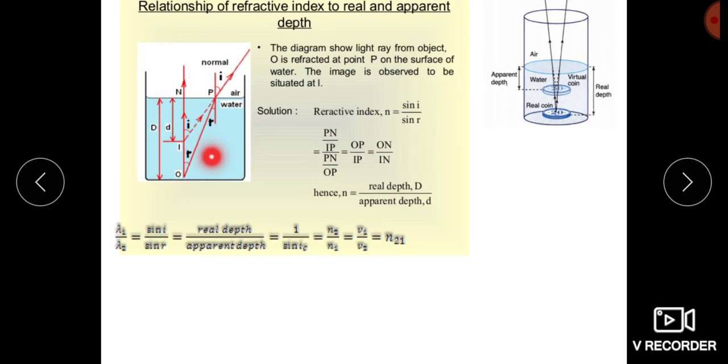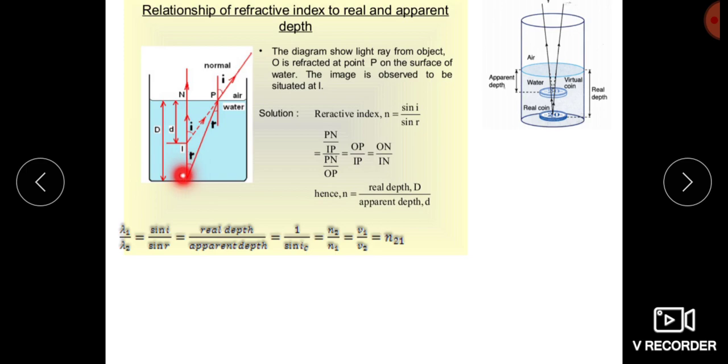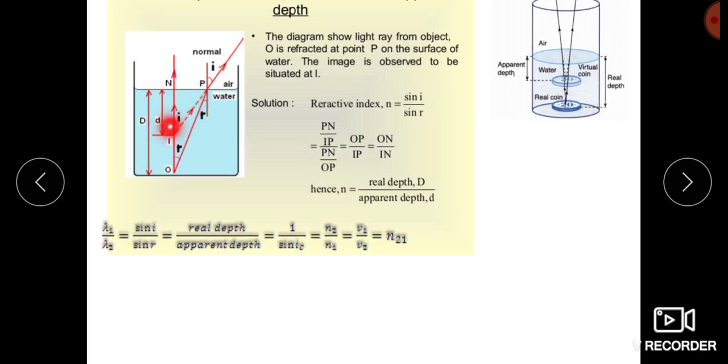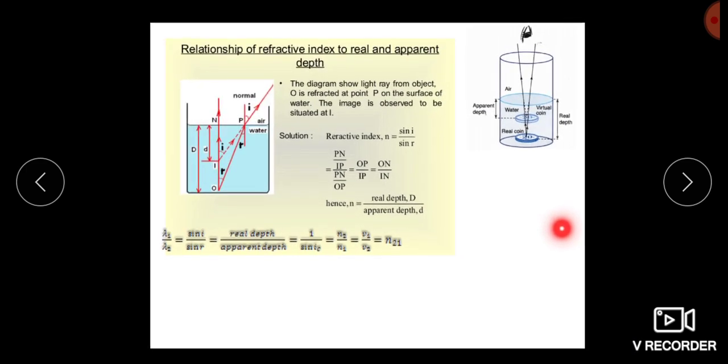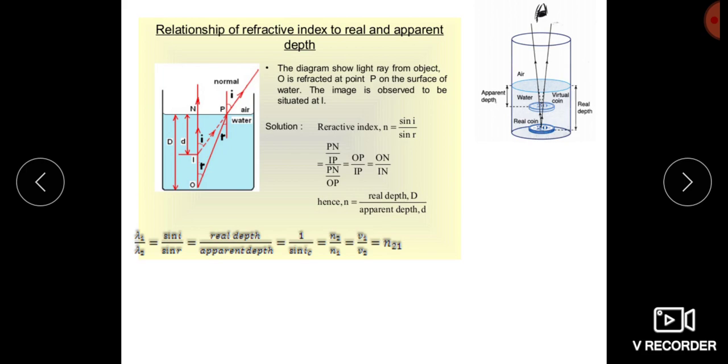Then the alternate interior angles are R, R, and here the I angles are corresponding angles between these two. By definition, N is equal to sin I by sin R. So from the bigger and smaller triangles, the ratios are corresponding.